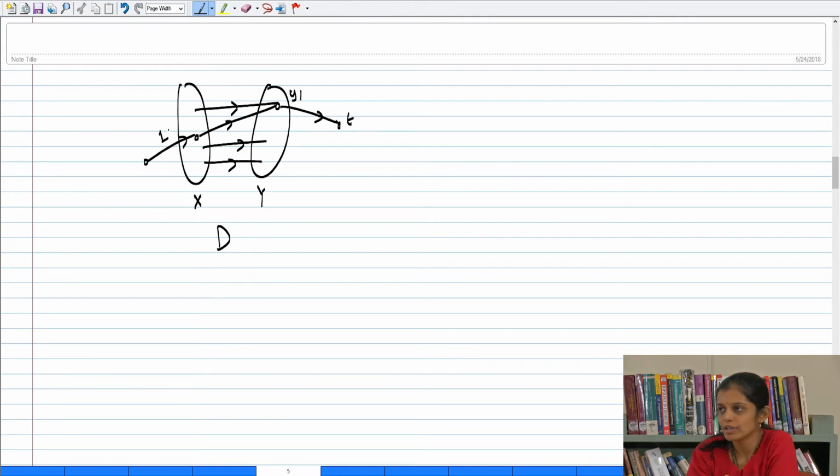Now what about the value of the matching? The value of the flow is exactly equal to the number of edges you have found. Again, that is not true in a general flow network.